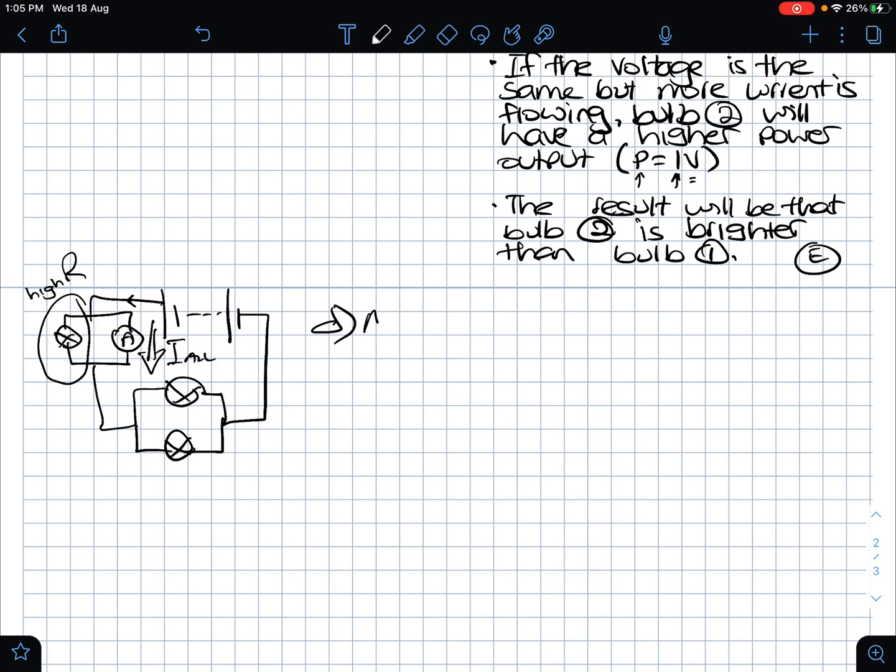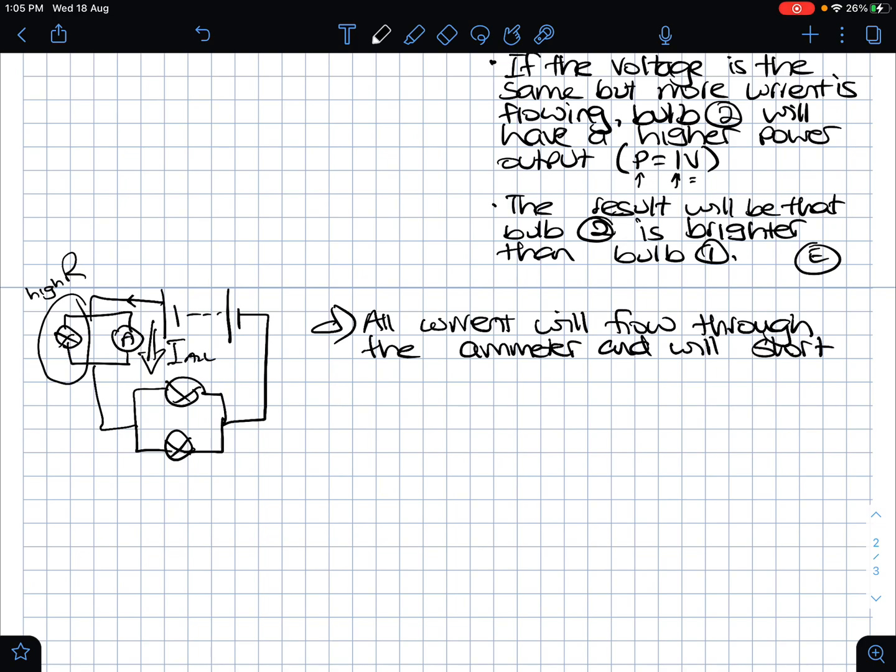Okay, all the current will flow through the ammeter and will short circuit bulb 1. Now you can pretty much then ignore bulb 1. So what that's going to do is kind of do the equivalent of removing the bulb from the circuit.